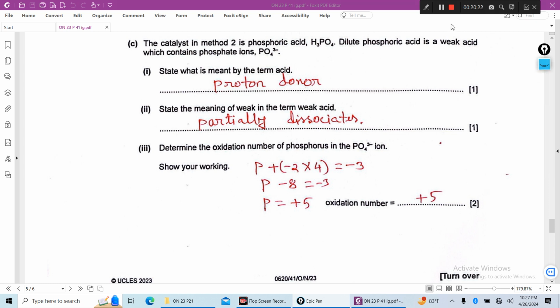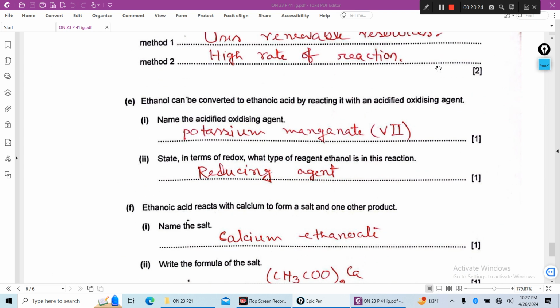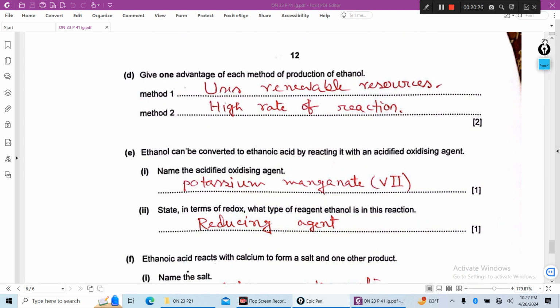Next, give one advantage of each method of production of ethanol. Method 1 means fermentation, which uses renewable resources.